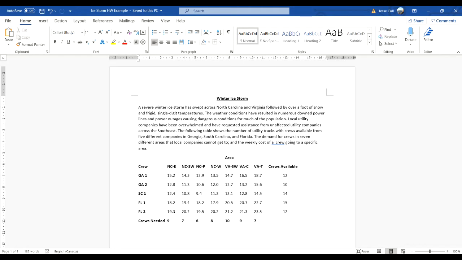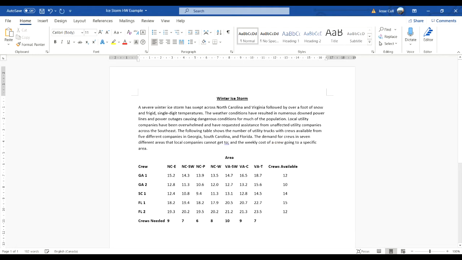The following table shows the number of utility trucks with crews available from 5 different companies in Georgia, South Carolina, and Florida. The demand for crews in 7 different areas that local companies cannot get to, and the weekly cost of a crew going to a specific area.